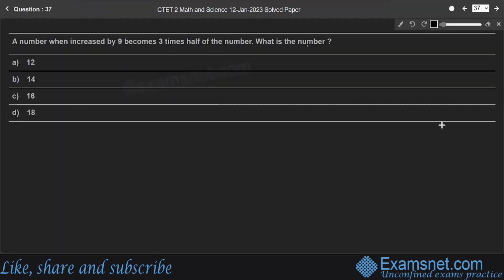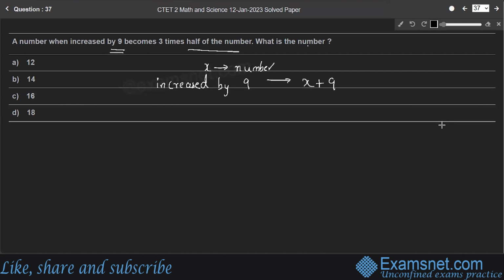Question 37. A number when increased by 9 becomes 3 times half of the number. What is the number? Let us consider x as the number. When it is increased by 9, we add 9 to that number, so it becomes x plus 9.